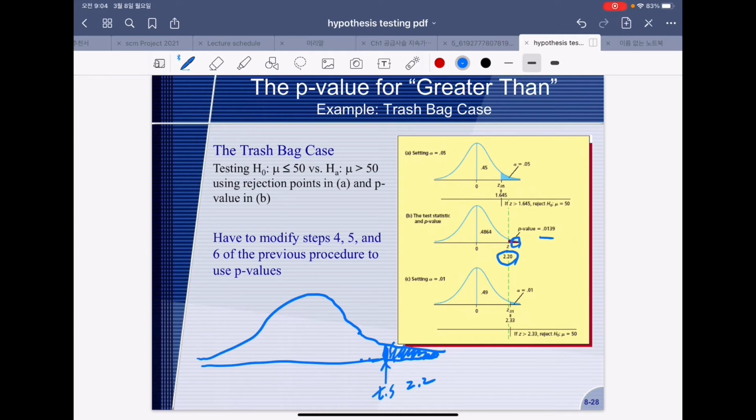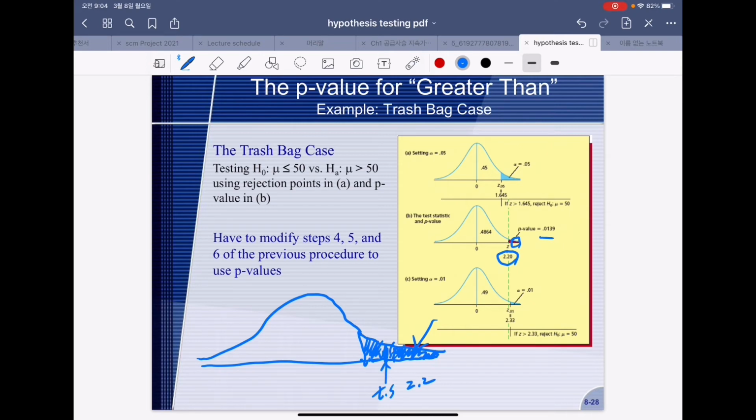So what the computer does is compute the test statistic first, and then find the area. So that's the p-value. That means if your alpha is greater than this p-value, greater than this area, then you reject the null hypothesis.